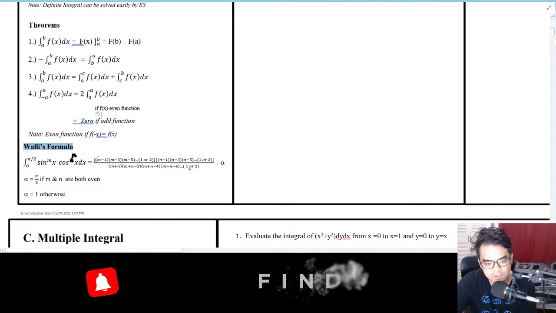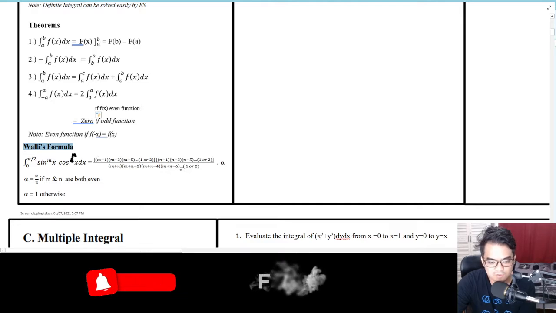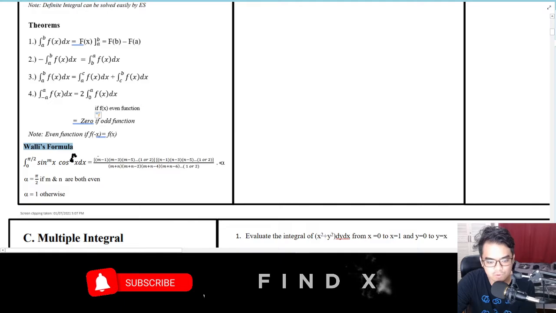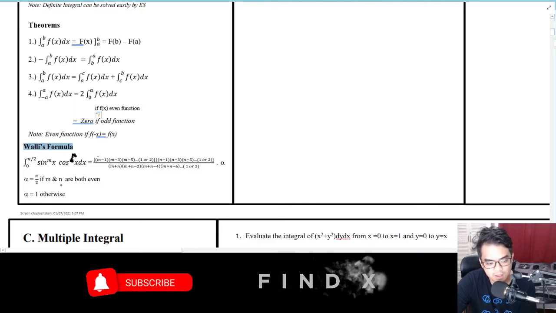And then for the denominator, you'll have the sum of their powers: m plus n times m plus n minus 2, m plus n minus 4, m plus n minus 6, up until it becomes 1 or 2. Okay, and then you have to multiply it by alpha. The value of alpha will be pi over 2 provided m and n are both even.